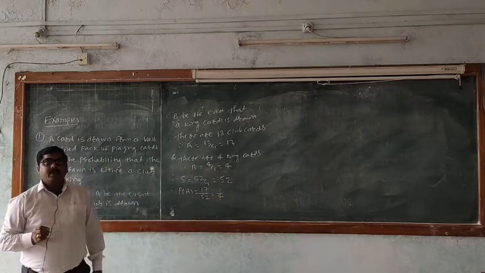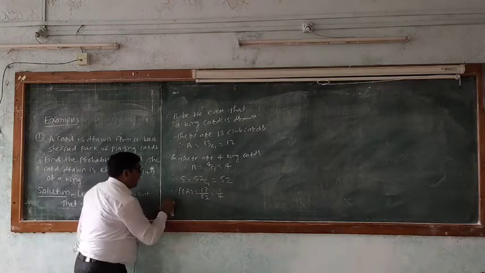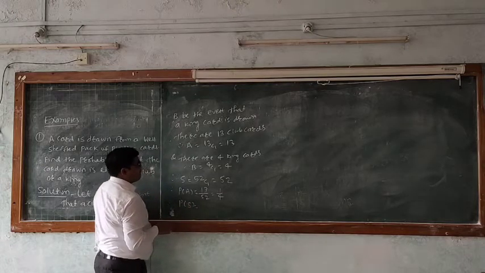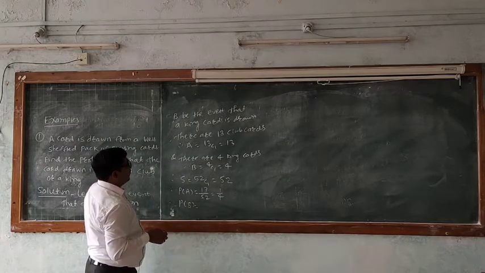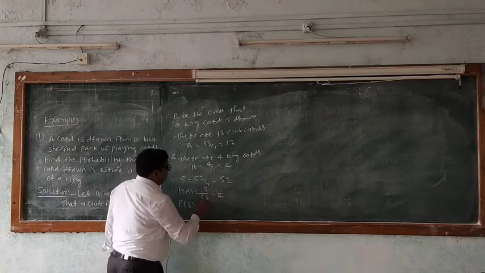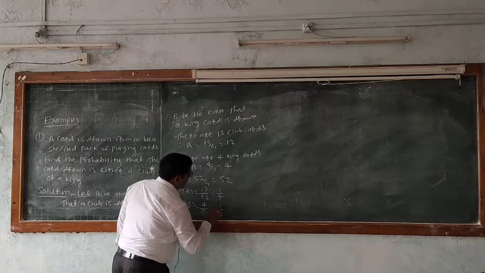Right. P of A is 1/4 and P of B. Therefore P of B equal to N of B upon N of S. N of B is 4 upon 52, 1 upon 13.